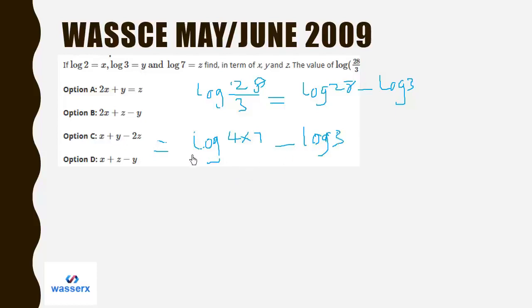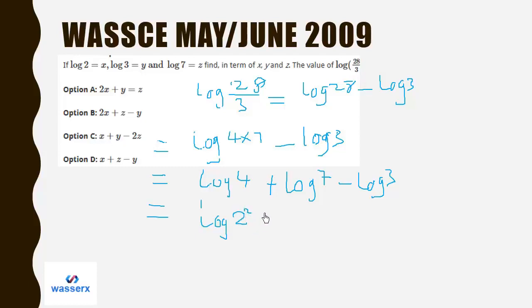Now we apply the product rule again over here. So we are going to get log of 4 plus log of 7 minus log of 3. Now the 4 can be rewritten as 2 to the power 2, plus log 7, then minus log 3.